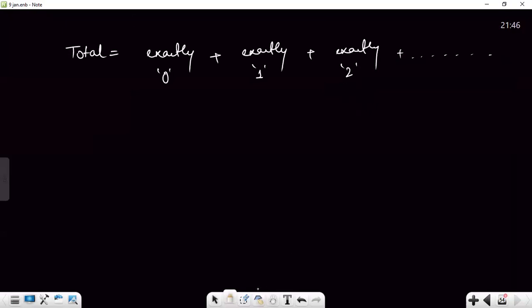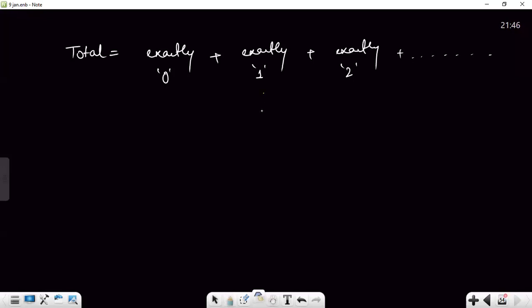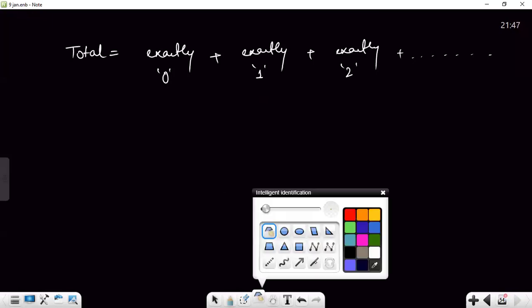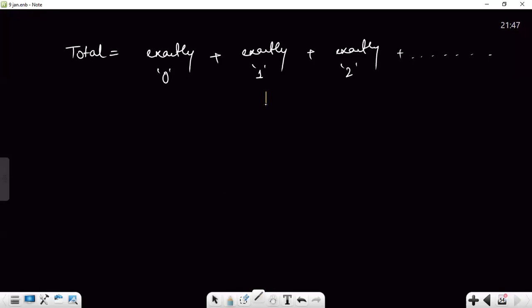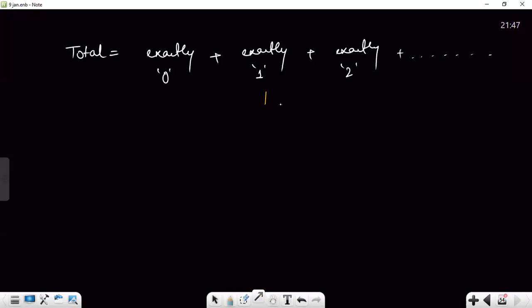Now we are going to discuss at least one. If we are discussing at least one, it means that we are including one for sure, and more than one cases also, because at least one is there.